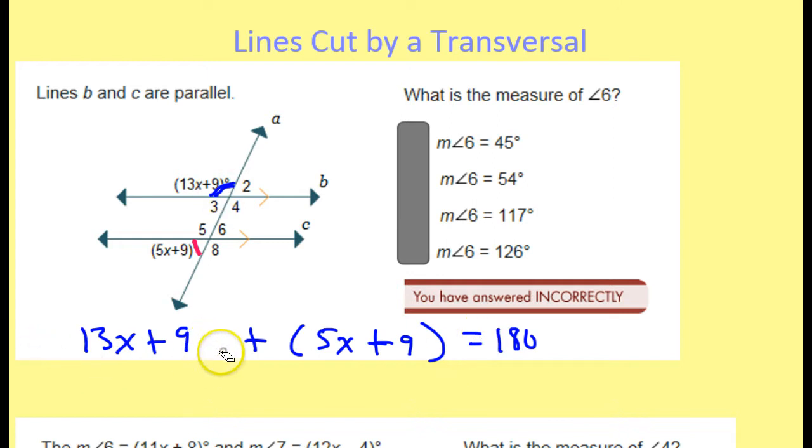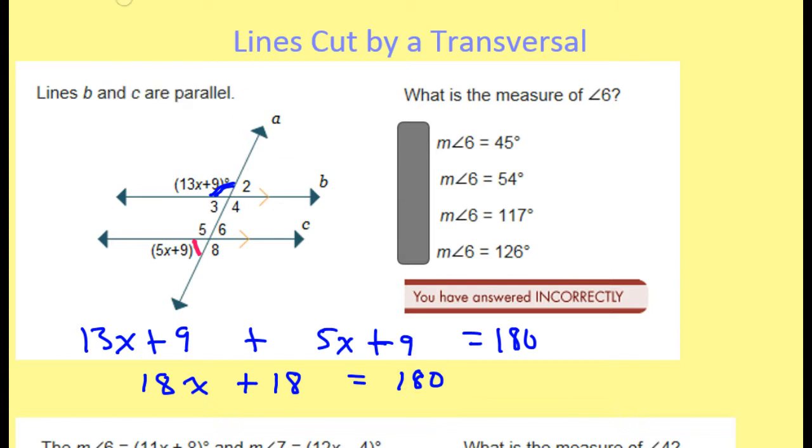Now I just put the parentheses in so you could clearly see that I'm adding this angle and this angle, but they're not really doing anything. So combining like terms: 13x plus 5x, that's going to be 18x. And then 9 plus 9 is 18. And that equals 180.